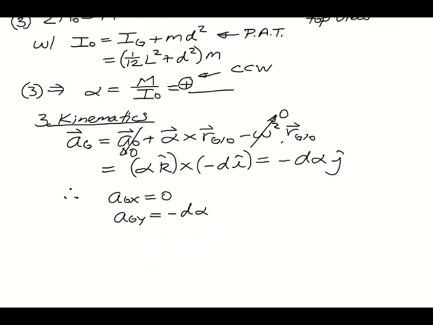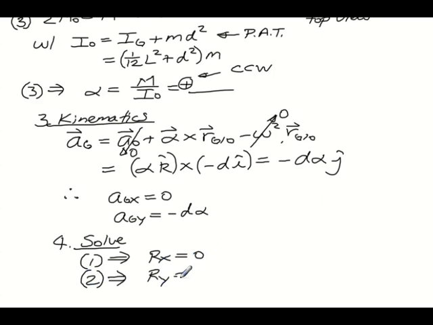So we can now solve this. Substitute our kinematics back into equation 1, and we find that Rx is 0. And equation 2 gives us the important one, the y component. Ry is equal to m aGy, so that's minus d times alpha, and alpha was equal to M over IO.